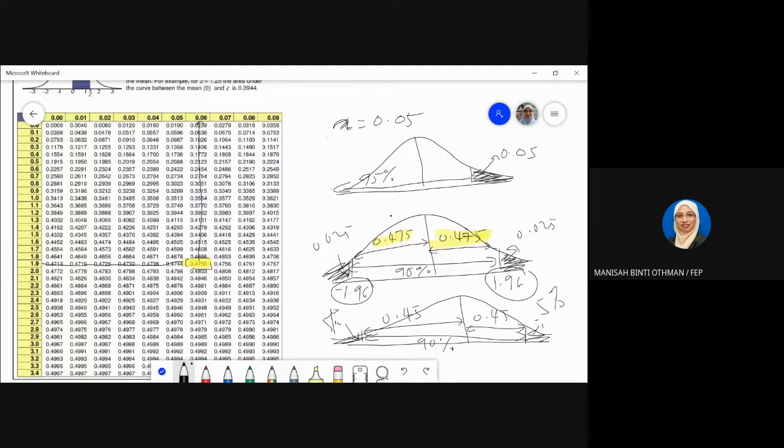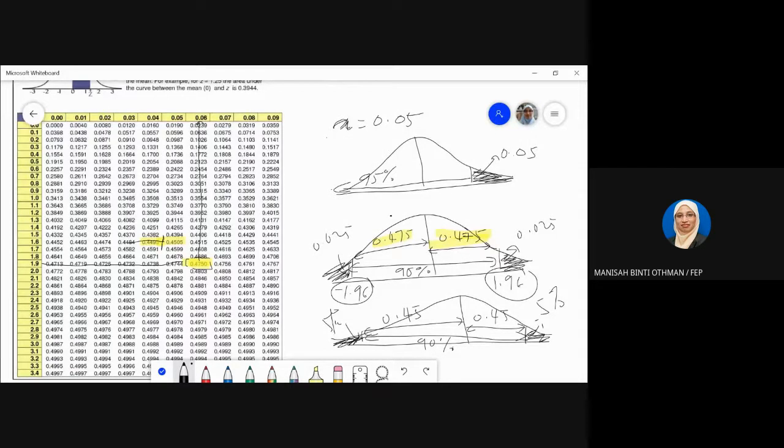Since this area is already 0.05, 0.5 minus 0.05 gives 0.45, or 0.9 divided by 2 gives 0.45. Find the value 0.45 here. It's in between these two figures, 0.4495 and 0.4505.